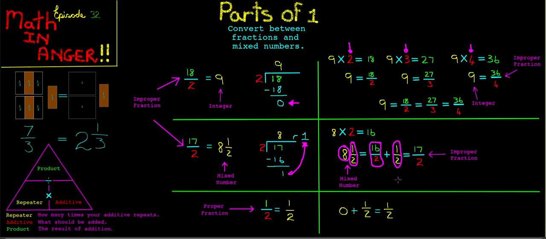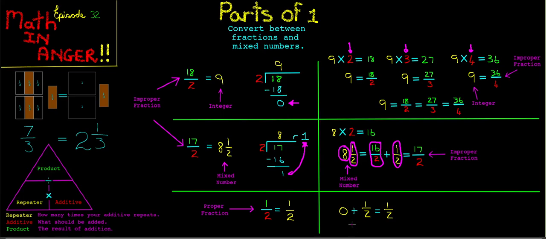Then there is only one other thing that I really need to point out to you. Take a look at this. Here we have a proper fraction. It's a proper fraction because it's purely a part of 1. There's no whole part here. It is just a part of 1. You could try to write it as a mixed number, but basically what you're trying to do there is say 0 plus your fractional part.